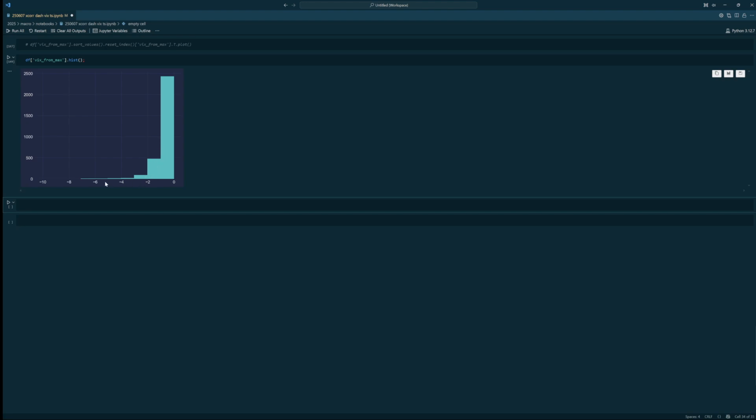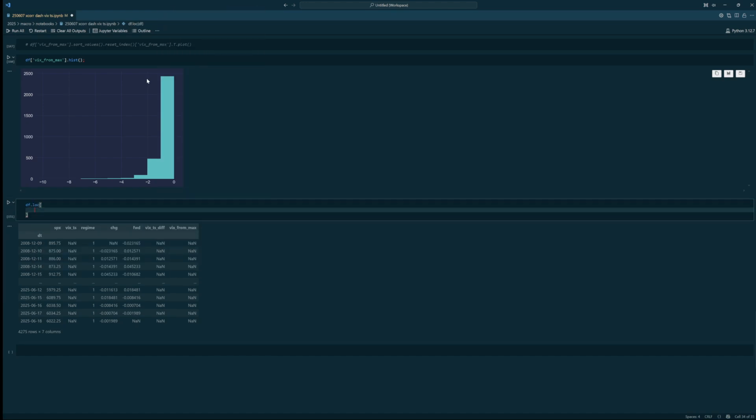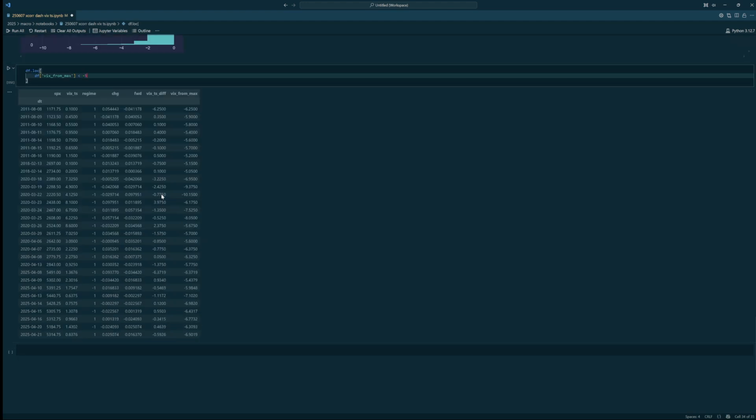We need less than 2, but maybe more than 10. 5, 2 to 5, somewhere in there. So we can go like this. This is really drilling down quite a bit. This would give us even less examples than the sign of the term structure. VIX from max less than -3. Let's say -5 to try to prevent the overfitting.